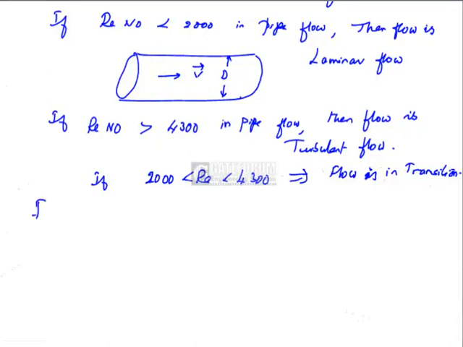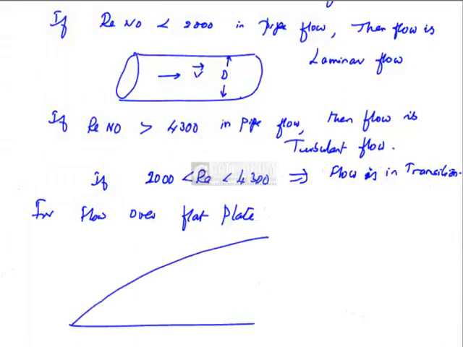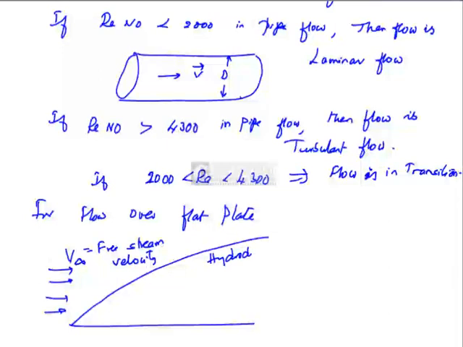For flow over flat plate, the another important case of convection heat transfer, if V infinity is the free stream velocity of fluid, this is the hydrodynamic boundary layer.